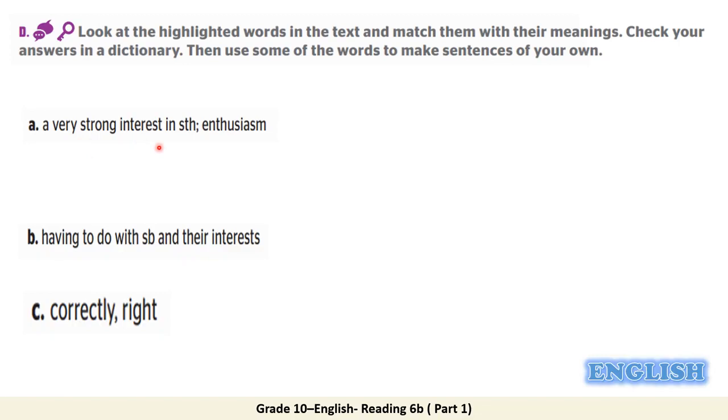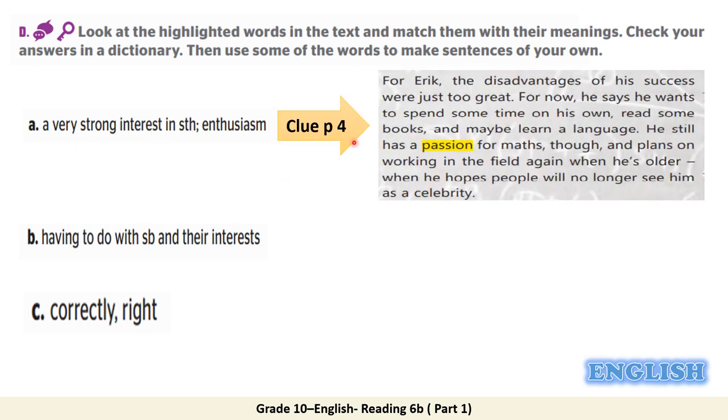The answer can be found in paragraph 4. Let's look at the text. He still has a passion for maths, so he still has a very strong interest in maths. Well done, everyone. 5 words to go.